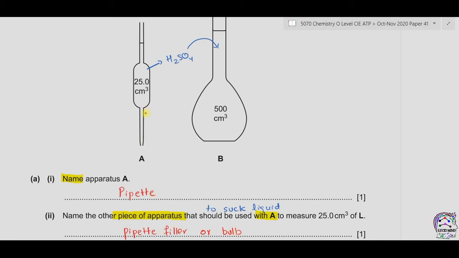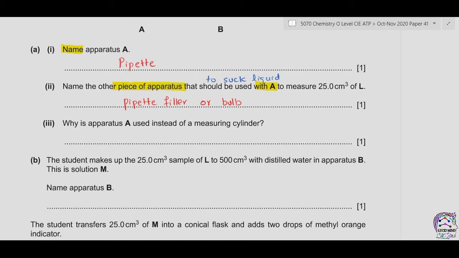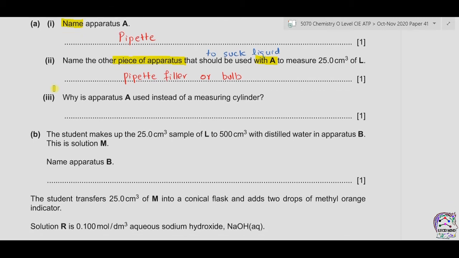This will help apparatus A in filling with the given liquid, which is aqueous sulfuric acid. 3. Why is apparatus A used instead of a measuring cylinder? This is because a pipette is more accurate as compared to a measuring cylinder, so we can write A is more accurate than measuring cylinder.